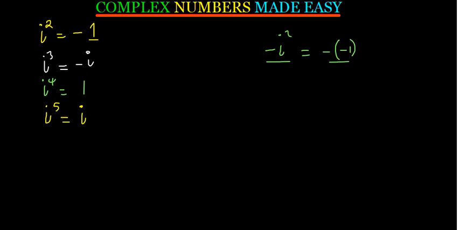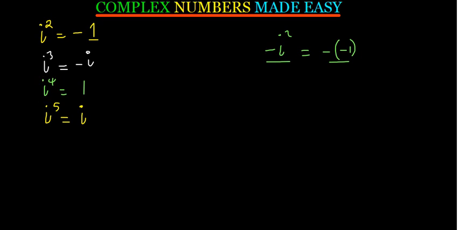Okay. So I first wrote i squared is equal to negative 1. I multiplied i squared by i and got i to the power 3. I multiply negative 1 times i and get negative i. And I again multiply by i. i to the power 3 times i gives us i to the power 4.